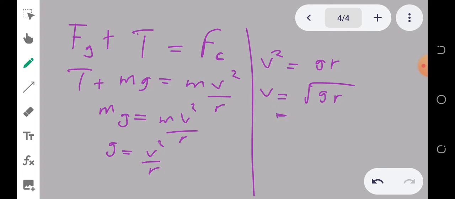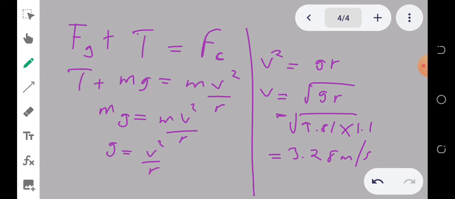And what is the root of gr? That's 9.81 times r, which is 1.1. So this should give you the answer of 3.28 meters per second. So that is the minimum speed which the ball will have.